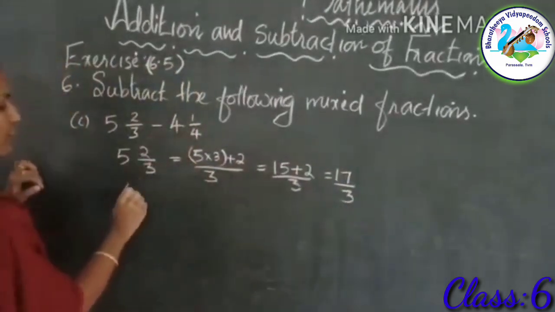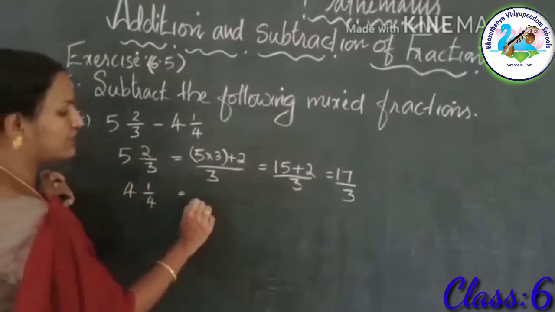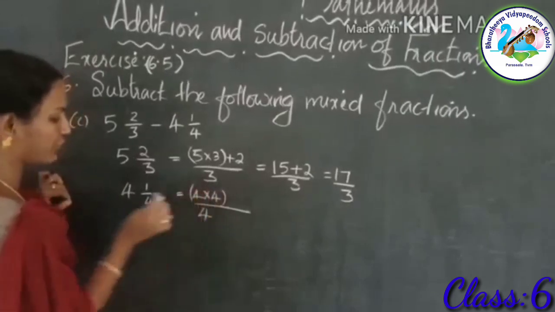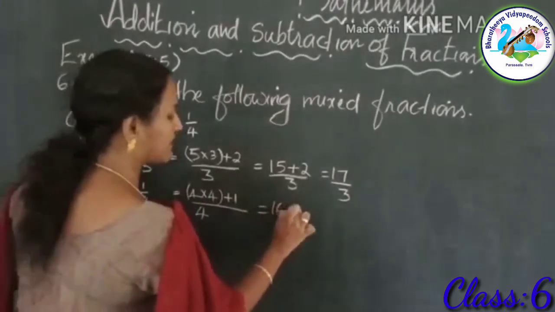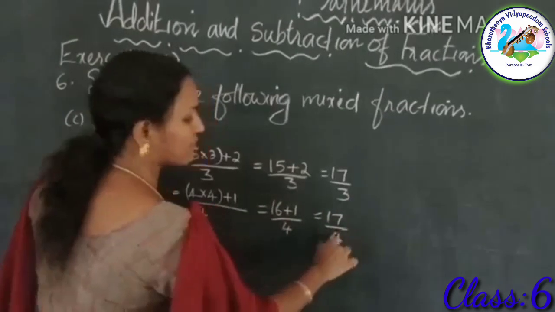The next fraction 4 1 by 4 is equal to, here the denominator is 4, so multiply 4 and 4, 4 into 4 plus 1 is equal to 16 plus 1 by 4 is equal to 17 by 4.